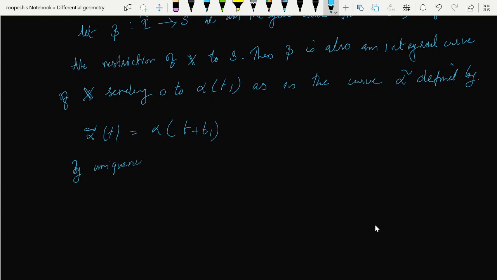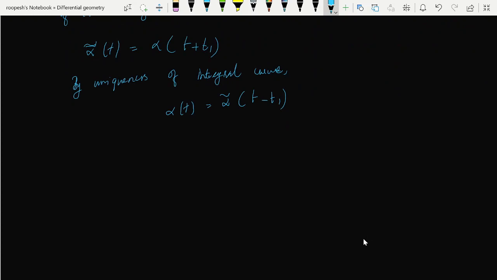by uniqueness of integral curves, alpha of t should be equal to alpha tilde of t minus t1, and that's equal to beta of t minus t1.